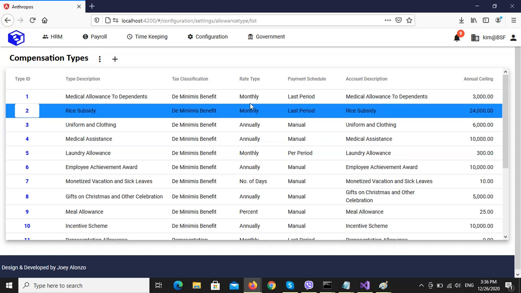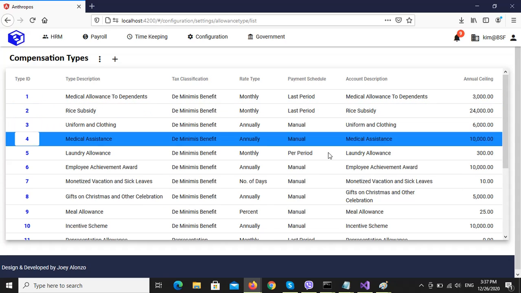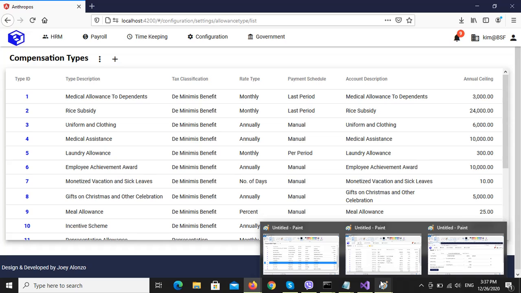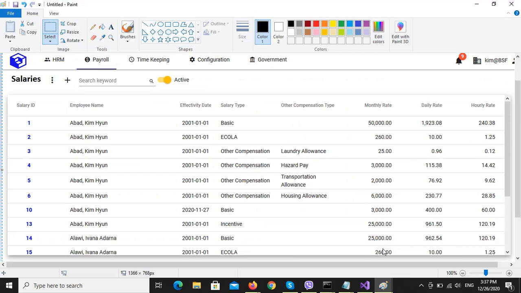And then once you have these compensation types, another thing that you need to enter is the salary. Okay. So for more information about salary, please watch my video regarding salaries. As you can see here, for Abad Kim, there are actually 4 other compensation.